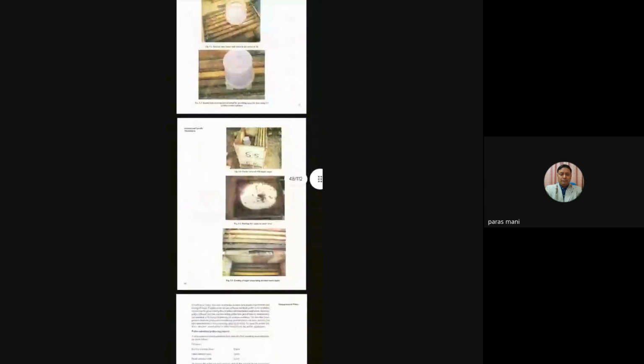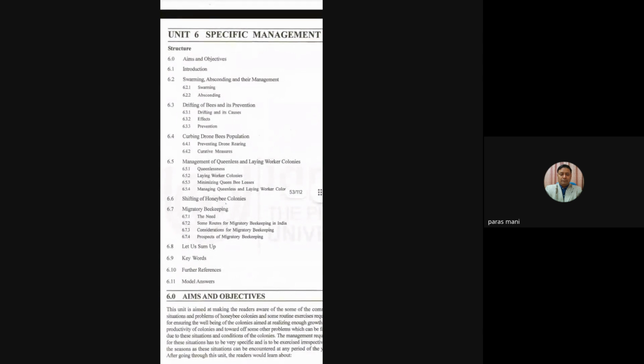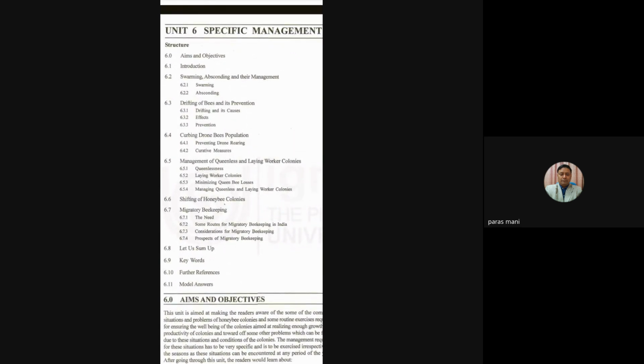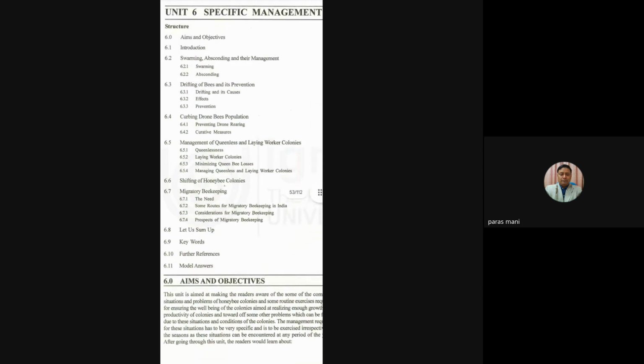Almost all the topics we have discussed. Specific management also, different aspects we have already discussed regarding this: the management of drone population, bee drifting, swarming, absconding, queenless bees, shifting of bee colonies when it is required, migratory beekeeping.